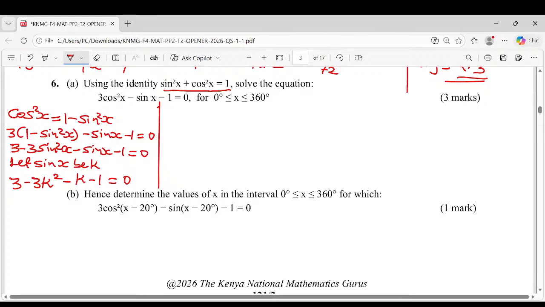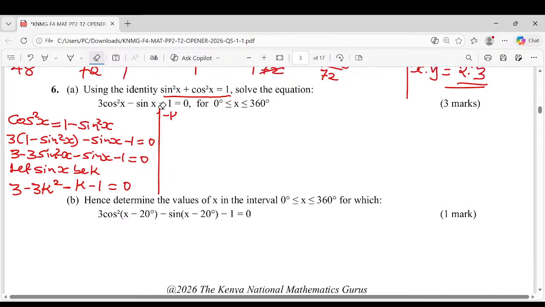When we are here, this is like saying negative 3k squared, minus k, then 3 minus 1, that will become plus 2 is equivalent to 0.